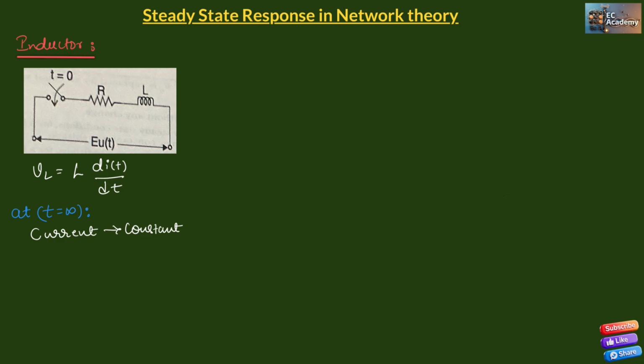So the differentiation of current di(t) by dt will be equal to 0. Therefore, the voltage across the inductor will also be equal to 0. This means the inductor behaves like a short circuit. So the inductor behaves as a short circuit at steady state response.